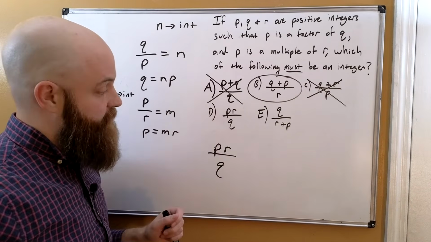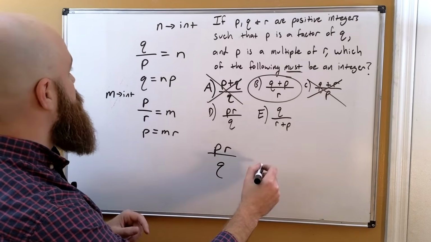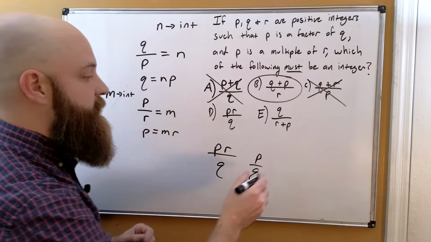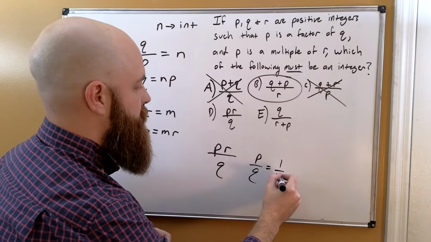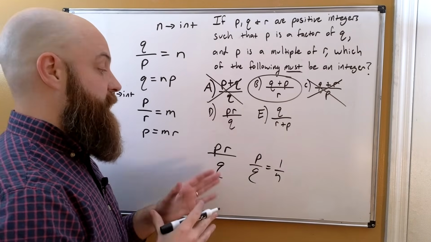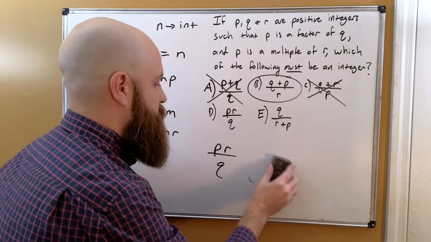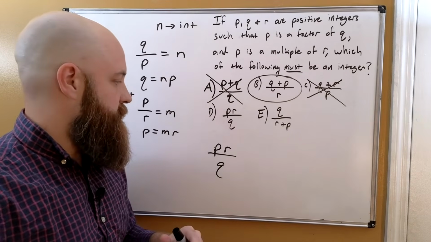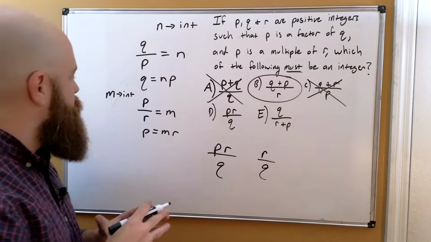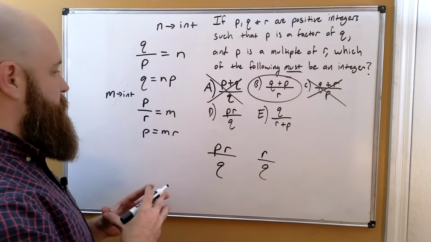I'll take them separately. Does P over Q have to be an integer? Well, I know that Q over P is equal to N, so P over Q is equal to 1 over N. So no, that doesn't necessarily have to be an integer, but again, that's not disqualifying because maybe Q goes into R. So let's analyze that. Q into R, is that going to yield an integer? Well, I don't think I'm told anything directly about the relationship between R and Q, but maybe I could do some algebra substitution.